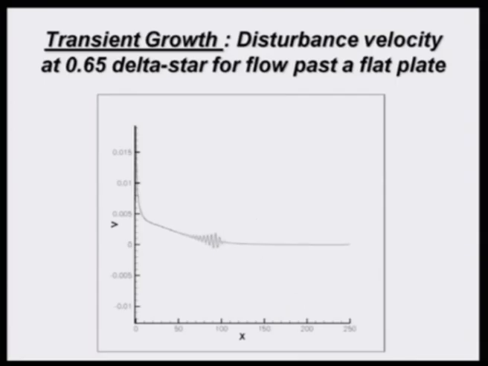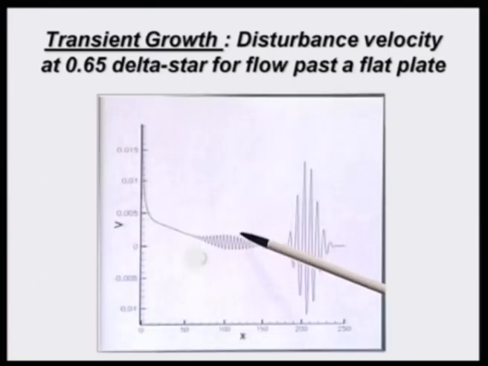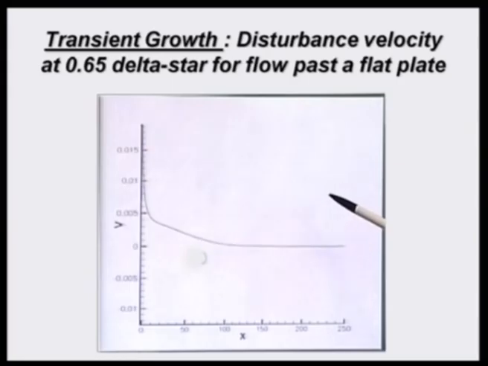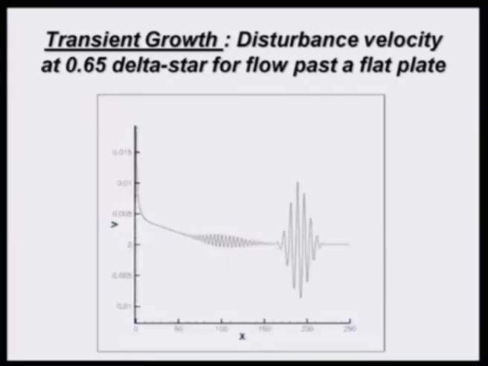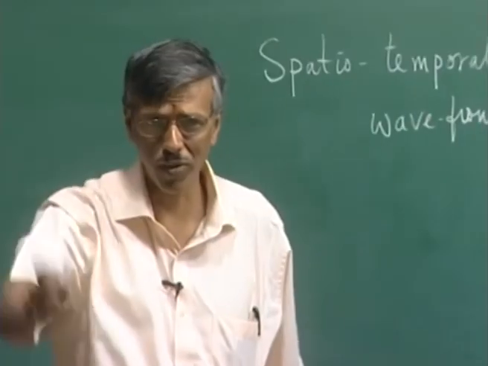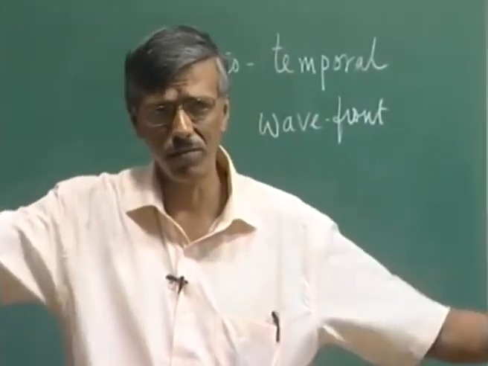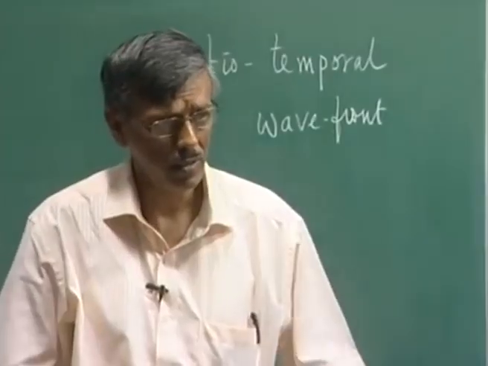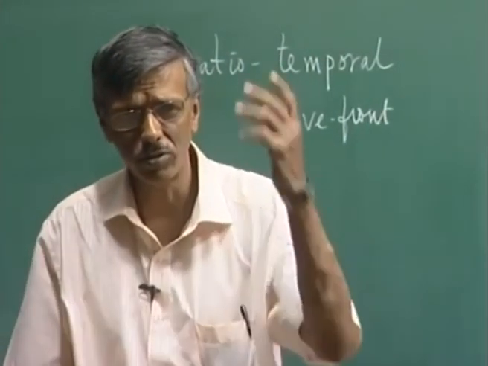So, it is something we must keep in mind. Here we are seeing simultaneously a few things that we have been talking about for the last few days: the TS waves and the spatiotemporal growing wave front. If you want to call this, this is like a bypass event, right. If this amplitude grows very large, that can itself trigger the flow to go from laminar to turbulent state.